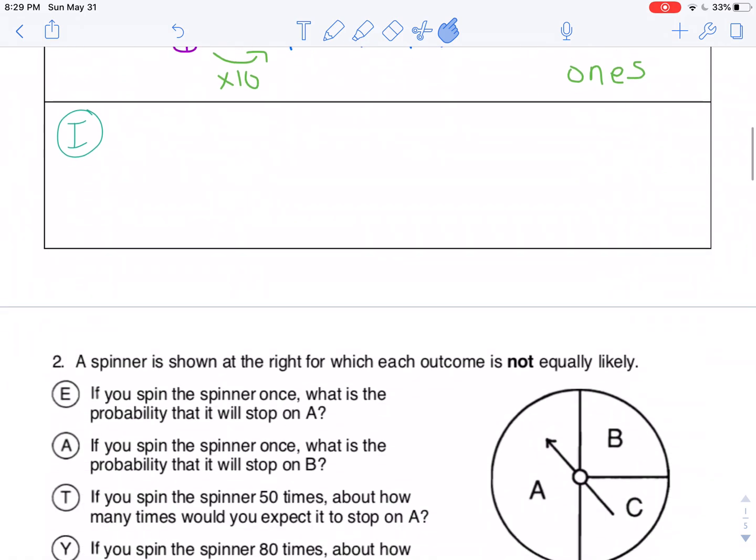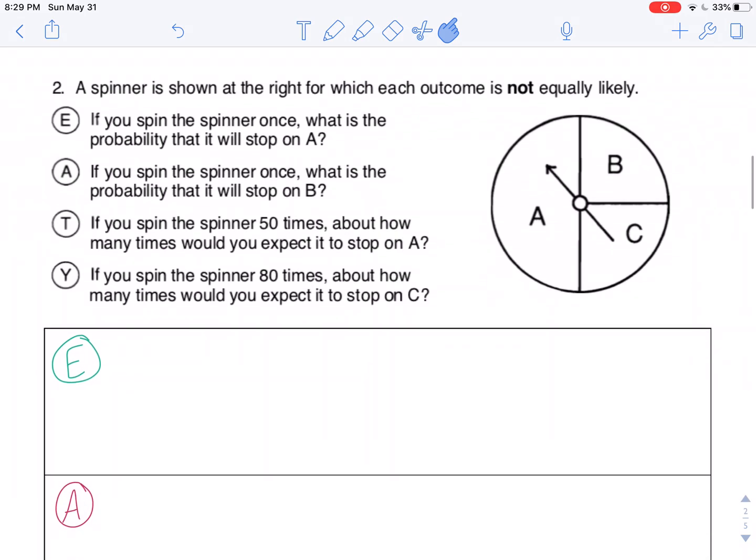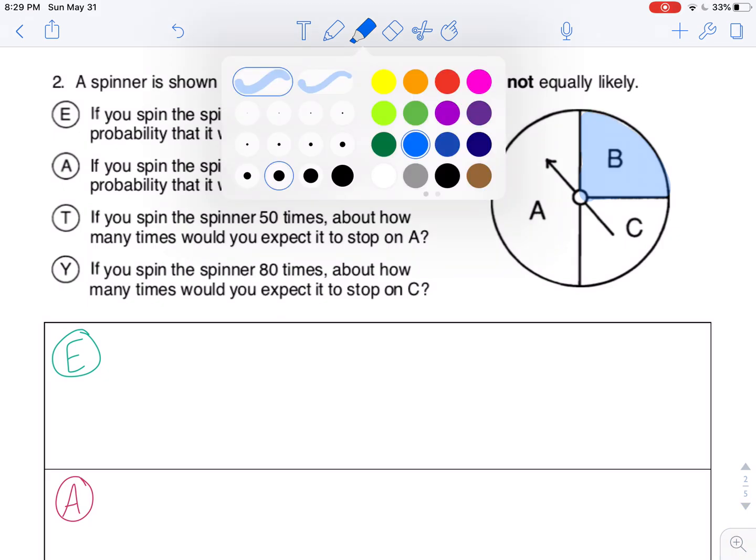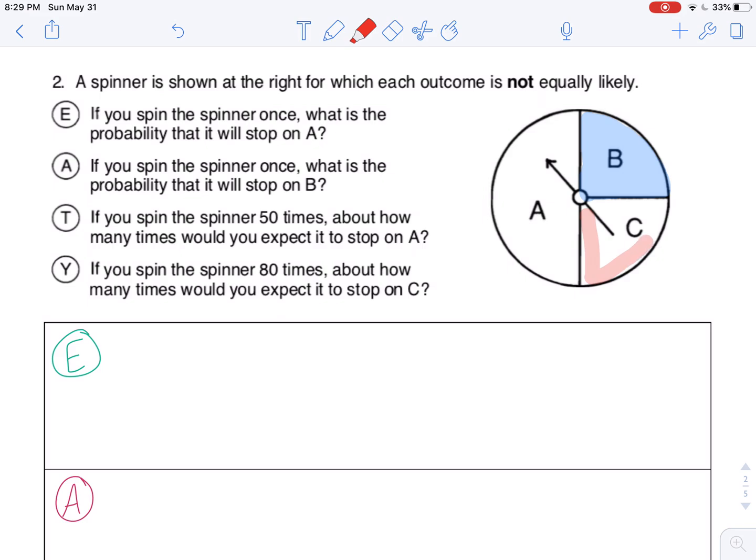All right, on to the second page, and you get this spinner. The very first thing I'm going to do is color it pretty quickly. Make the B blue. C can be red for cherries. And A can be green for green apples. That's kind of a dark green, but that's all right.